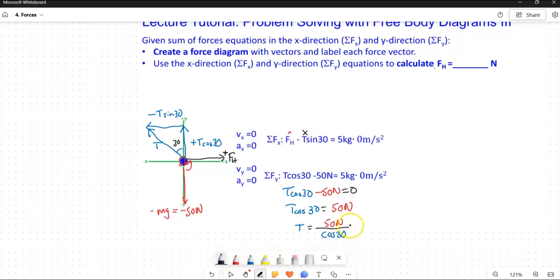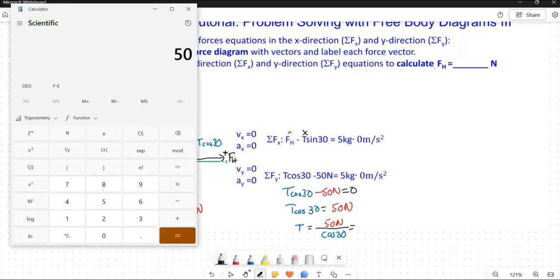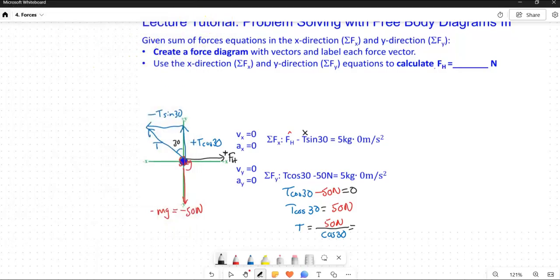Now, don't make things difficult and plug this equation into here, because it starts to look really weird. Just solve this for a number. Try to keep things simple. So this is 50 divided by cosine of 30 degrees. Calculator is weird. You have to solve for the 30 degrees first, so that's when it's on the top. When it's on the bottom, it'll look like that. We're going to multiply that by, and we get 57.74. So T is going to be equal to 57.74 newtons.